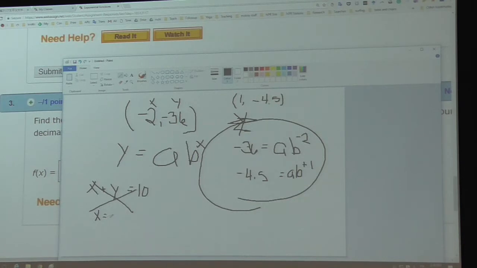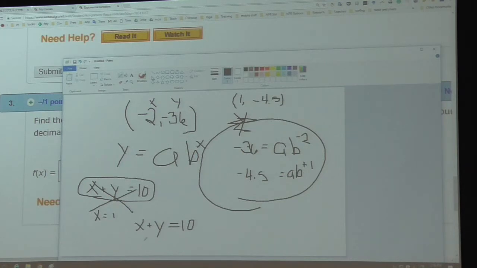If I ask you what are the solutions to just x plus y equals 10, how many solutions are there? Well, x could be 2 and y could be 8. X could be 3 and y could be 7. So there's an infinite number of solutions, right? We didn't narrow it down enough.